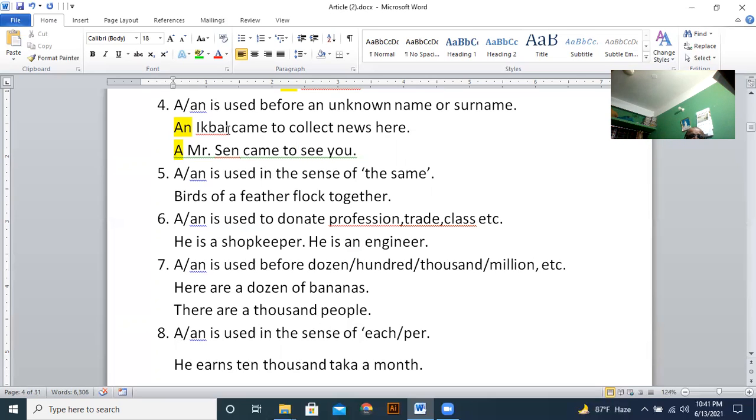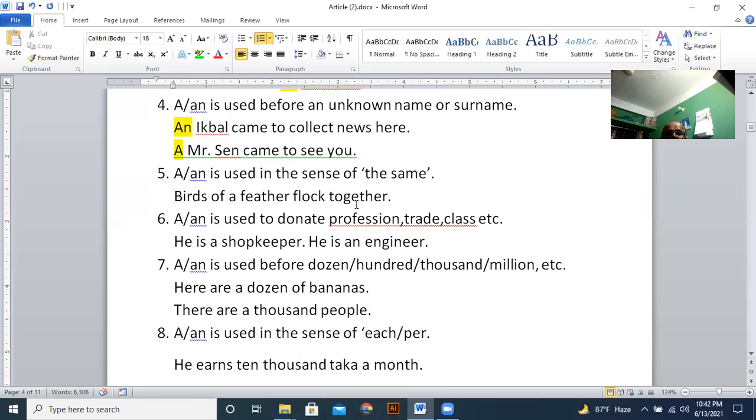Why an Iqbal or a Mr. Sen? Basically, here Iqbal, I don't know, or you do not know, so here it is an unknown person. An Iqbal came to collect news. Same, if a Mr. Sen came to see, here is an unknown name or full name. Okay.